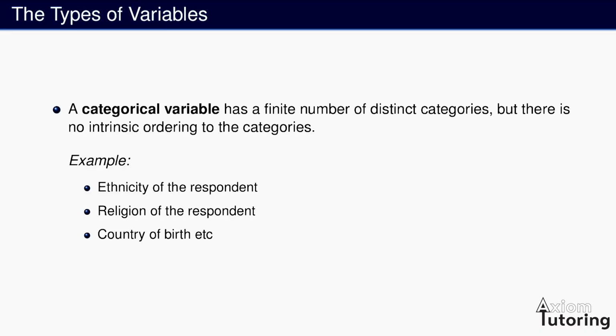Okay, so with ordinal variables, we have a ranking between the different categories, but there's no unit of measurement. So very often in data sets, you'll see people assign numbers to those different categories. For example, 1 for strongly disagree, and then 2 for disagree, 3 for agree, and 4 for strongly agree.